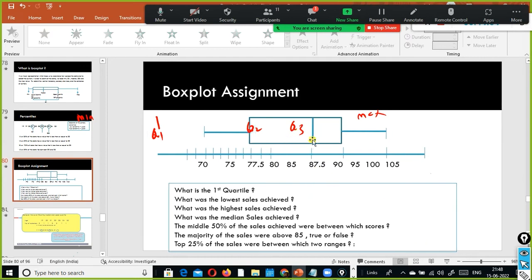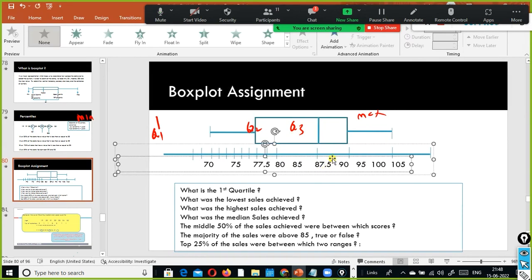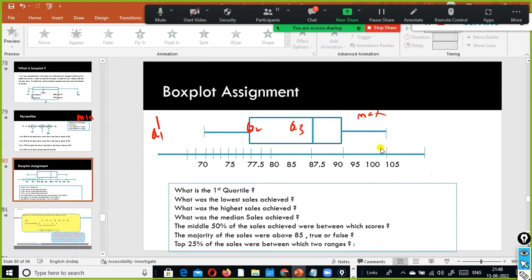This is how you need to interpret it. This is how it will plot.